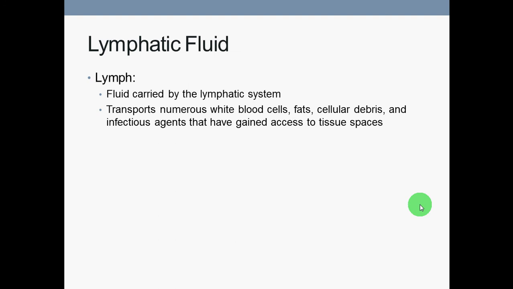As pathogens, as microbes are being broken down by your immune system, the dead parts of them have to travel and get out of your body somehow, so they travel through your lymphatic system. The lymphatic system can also transport infectious agents that have somehow made it into your tissue and spaces. So they get picked up by the lymphatic system and they can be transported out.